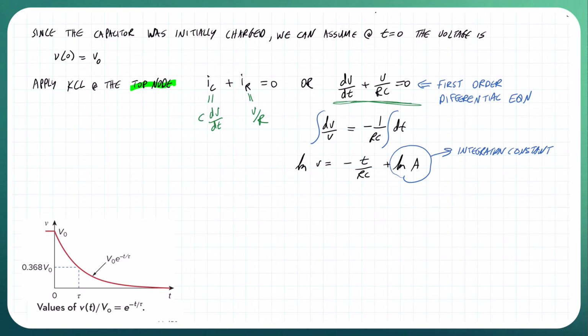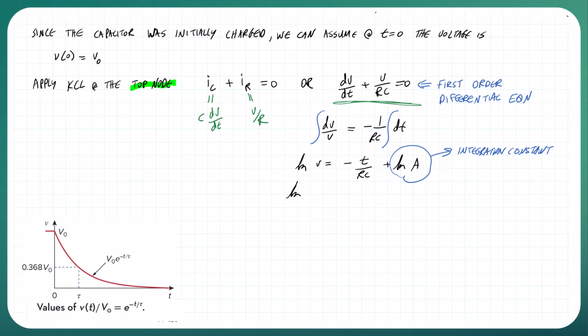Then again we rearrange the equation. We get natural log of V over A is equal to minus t over RC, and then we take powers of e on both sides, taking e to the power of the natural log.